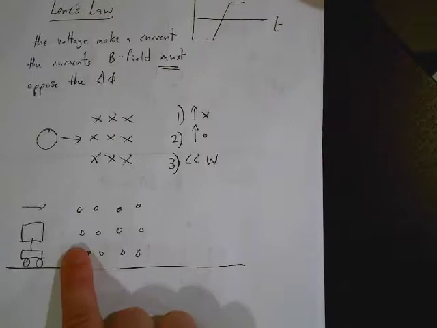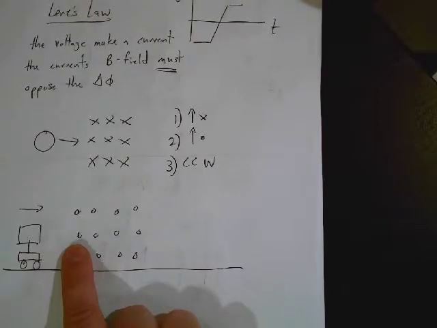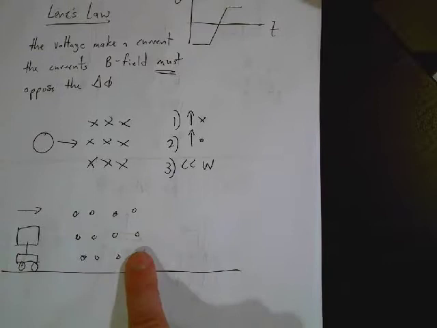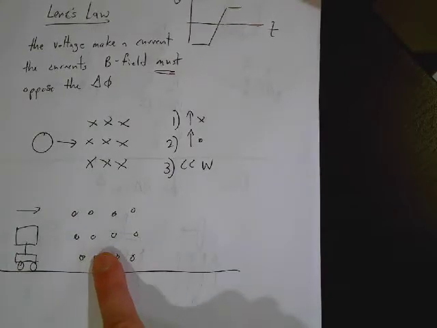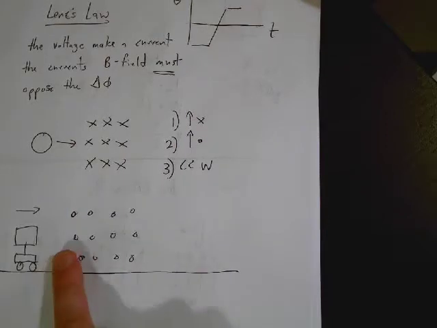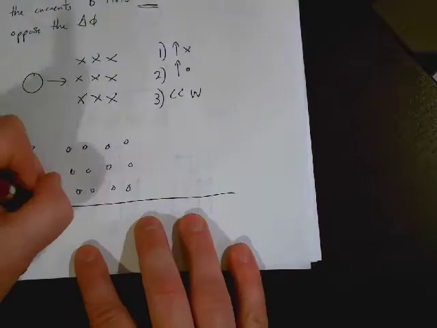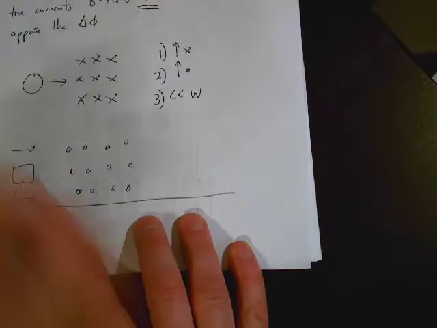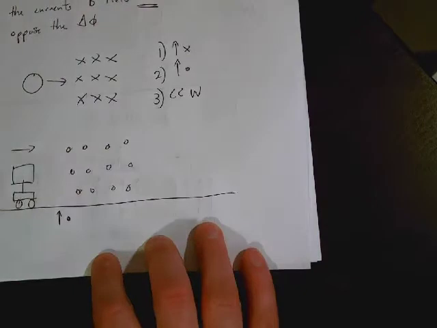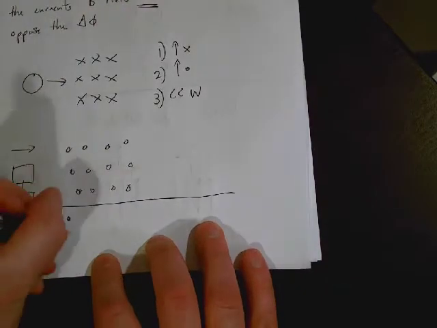Okay. We have this, so let's say we have dots here. Remember, first of all, it's only going to induce a voltage while it's entering and while it's exiting, because while it's inside the magnetic field, there's not going to be a change.